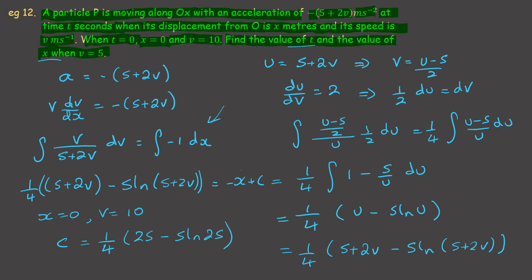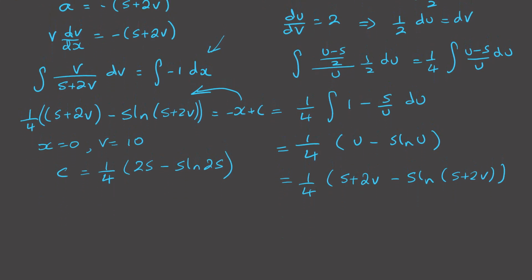And so going back to here, moving the x onto the other side, would give us that x is equal to 1/4 of 25 take away 5 ln 25, take away 1/4 of 5 plus 2v, take away 5 ln 5 plus 2v.